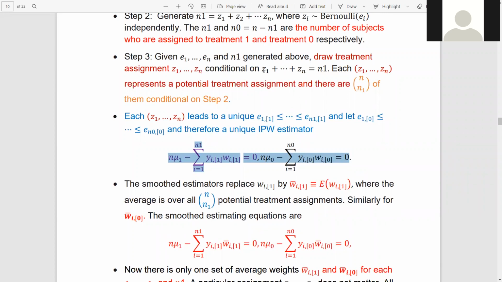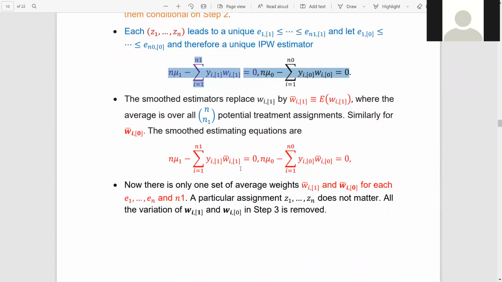But if we use this weighted estimate, it no longer depends on the sequence.